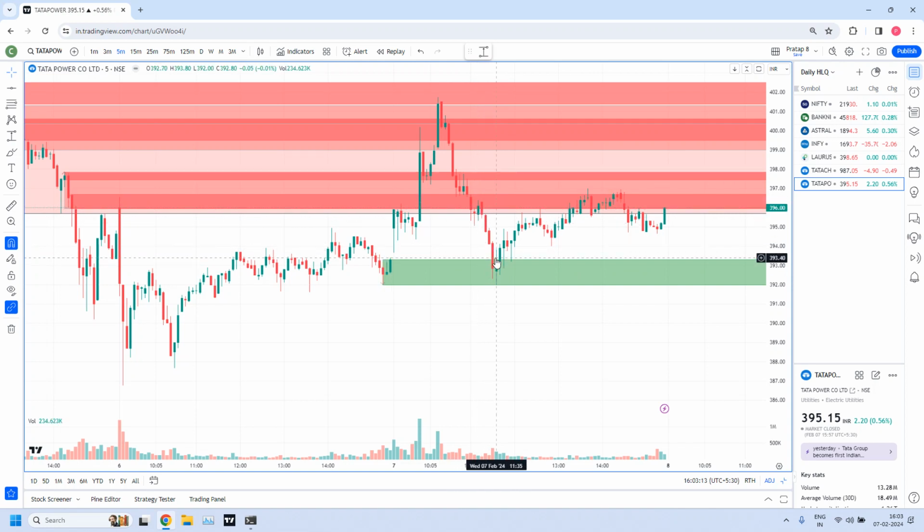And this way, Tata Power has given 27,337 rupees, which is 10.1% return on the investment as per one futures margin cost.